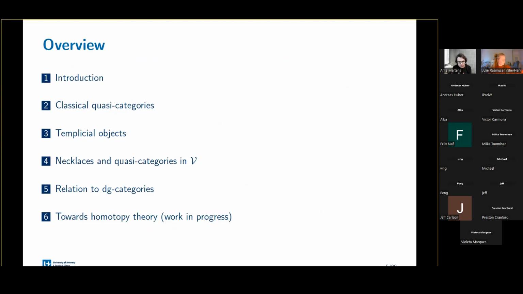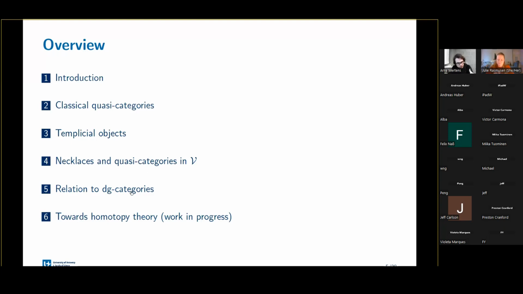And here's a bit of an overview of what I want to say specifically. First, I want to recall a few classical facts about quasi-categories. I'm sure most of you are aware, but I'm going to need some specific details about this particular model, so I want to recall them a little bit. And then I will explain what those templicial objects are, and then how to define the quasi-categories in this enriched context.